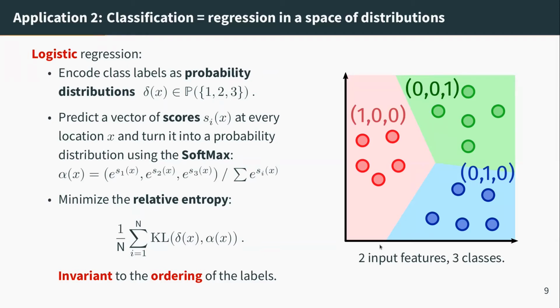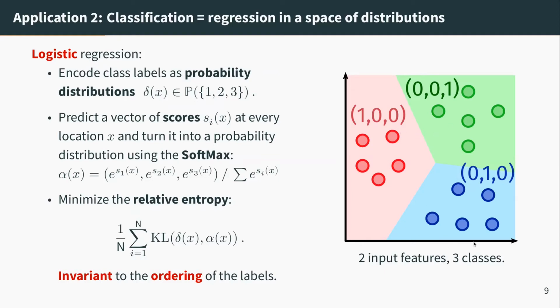So for instance, it's a one-hot encoding of the class label. And so here, for those 5 points, I say that I have observed the probability distribution 1, 0, 0. A vector with non-negative values that sums up to 1.